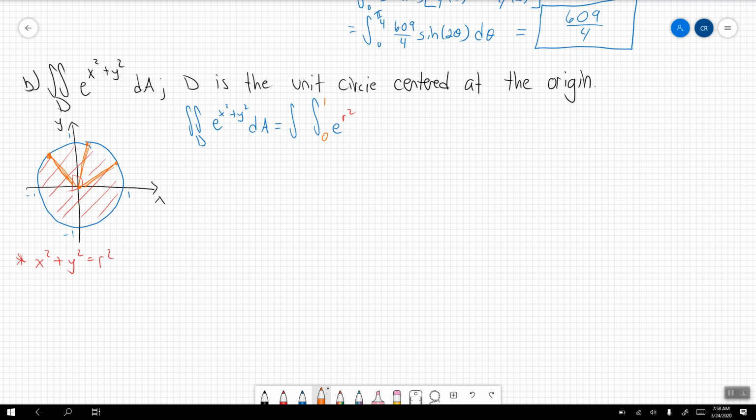Then the angle measurements. What angles are we sweeping through? In other words, what are those theta values? Those theta values, they begin at 0 and they end right back where they started, but they did one full rotation, meaning they ended at 2 pi.